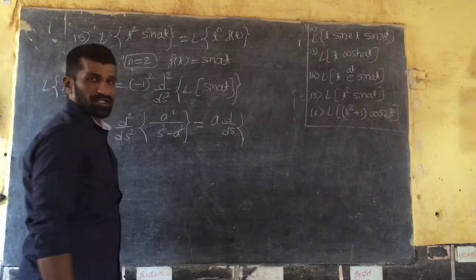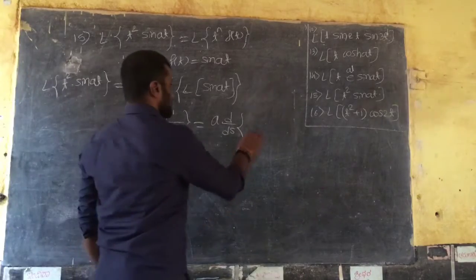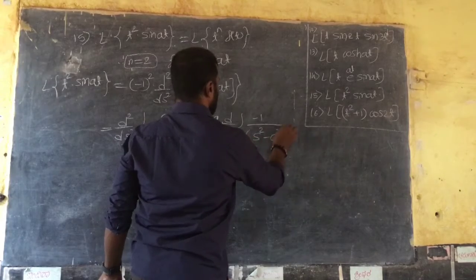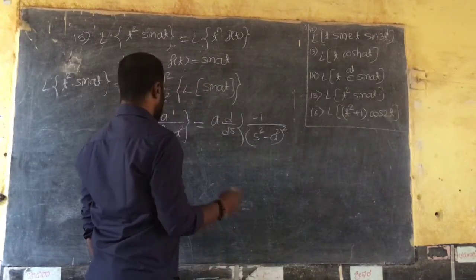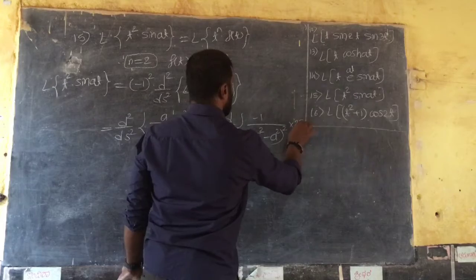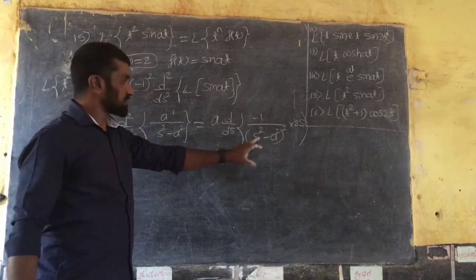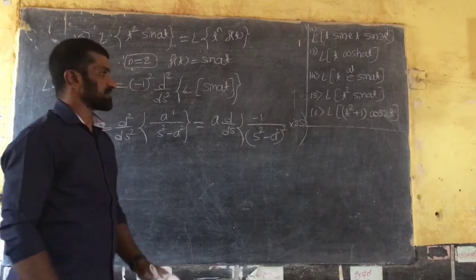First differentiate d by ds of 1 by s square minus a square, numerator is constant. The differentiation of 1 by x is minus 1 by x square, so minus 1 divided by s square minus a square whole square, into differentiation of x, which is 2s.